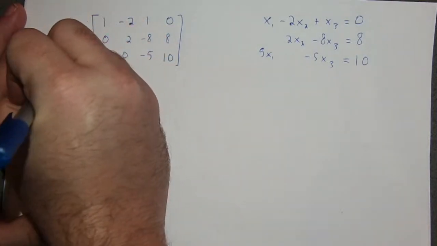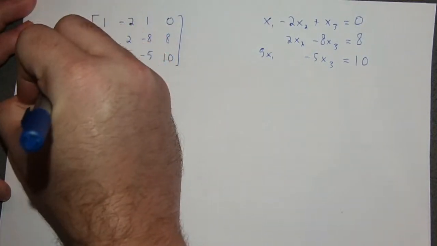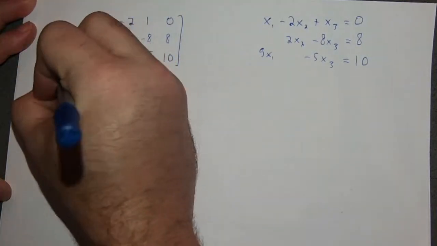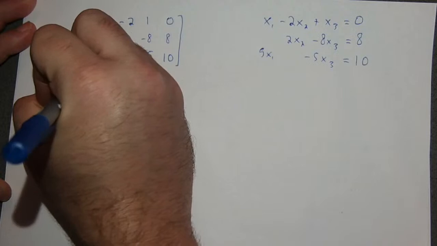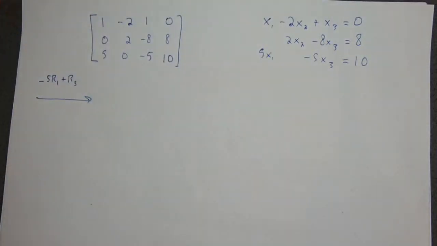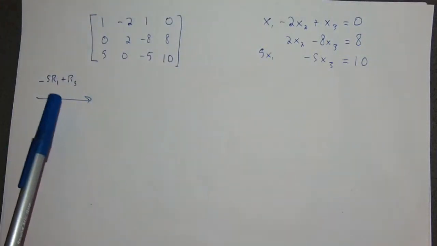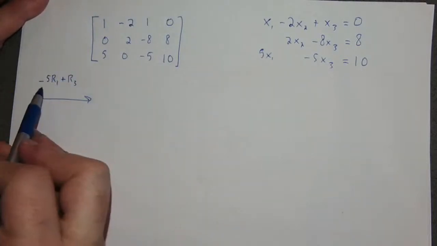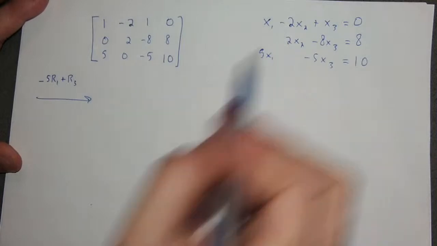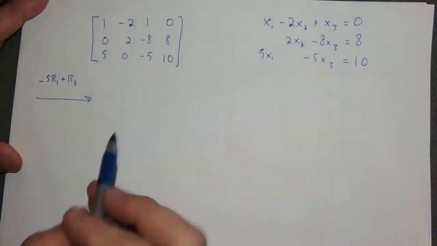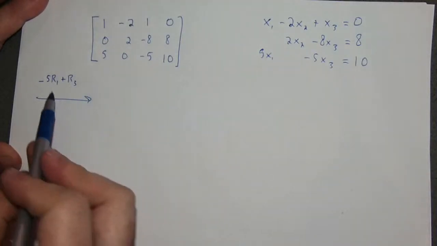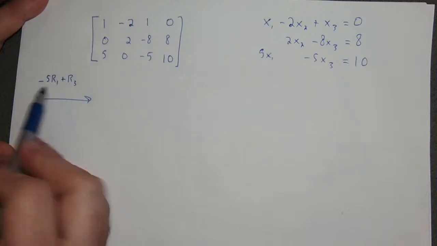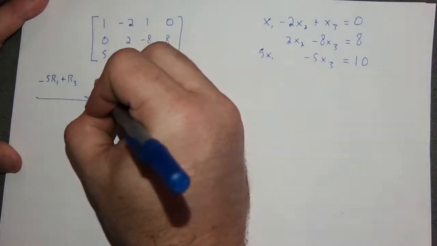And replacement is going to be minus 5 times row 1 plus row 3. In using this notation, the way that I interpret this is replacement, where I've multiplied minus 5 times row 1, I'm adding it to row 3, replacing row 3. So the thing that comes second in this notation is what gets replaced.